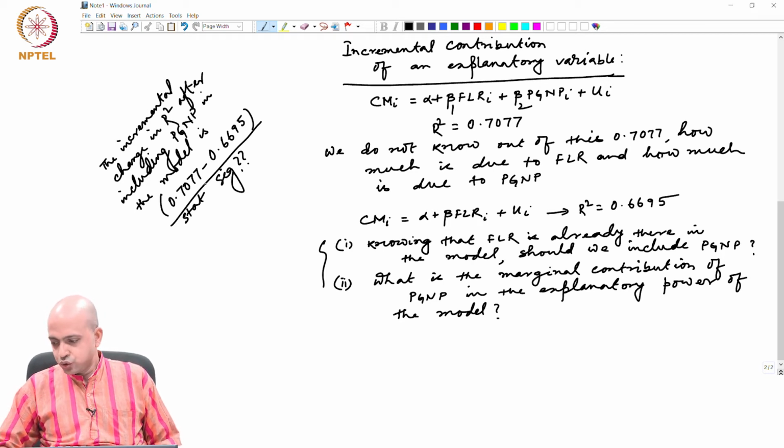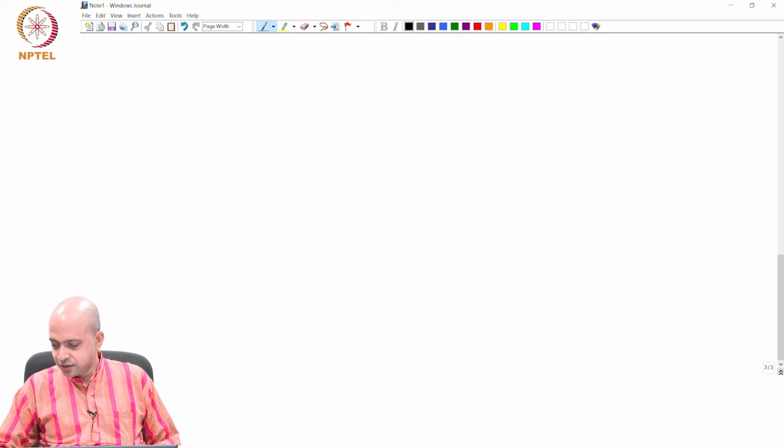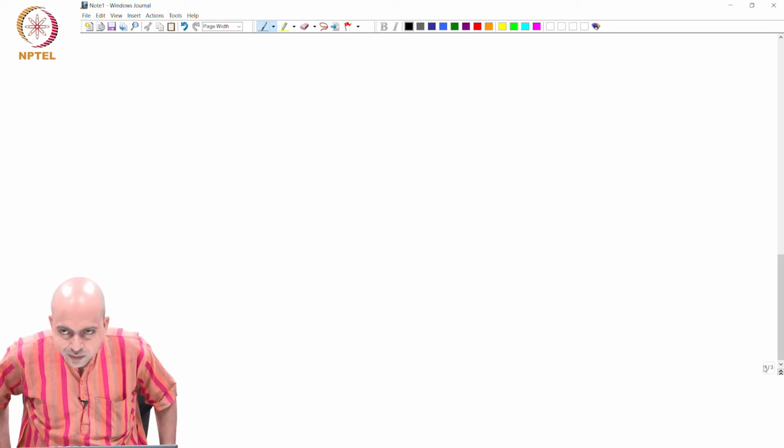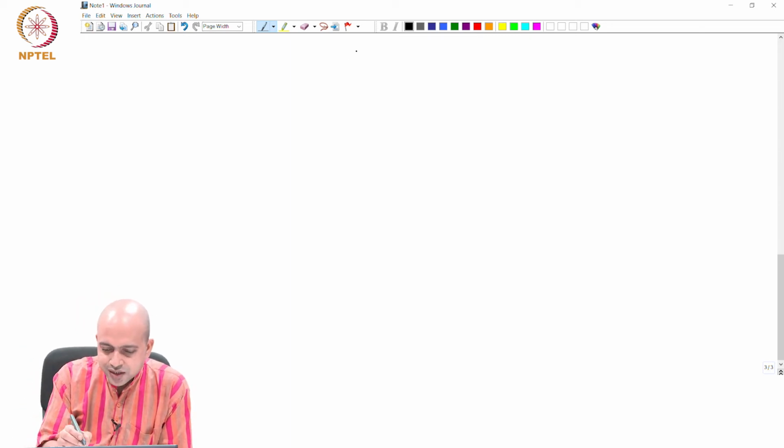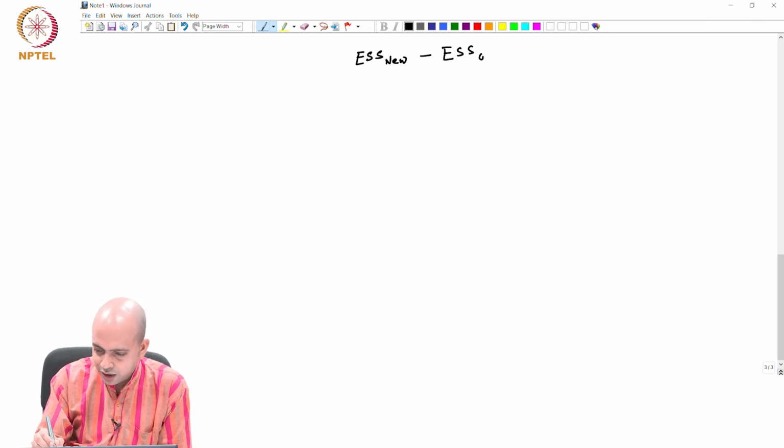That is also possible to get using an F-statistic. Okay? How will you do that? If you add an extra variable, then what will happen? The explanatory power of the model will increase. Let us say that this is denoted by ESS new, compared to the ESS you were having earlier, let us say ESS old.